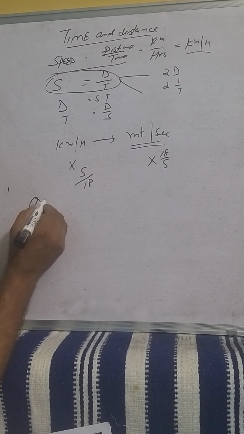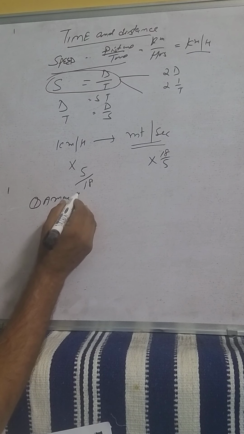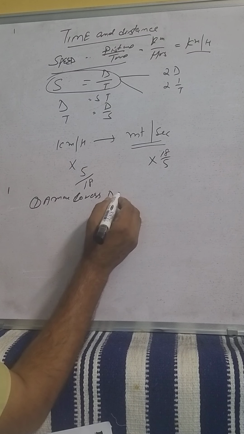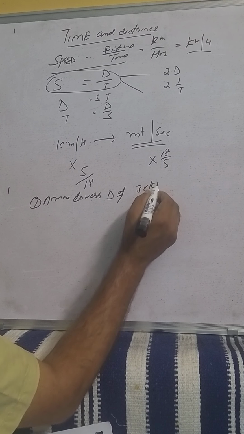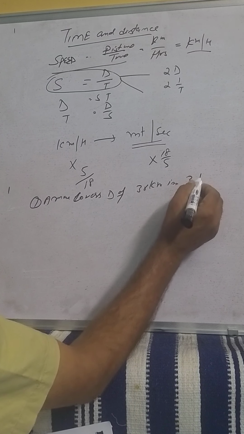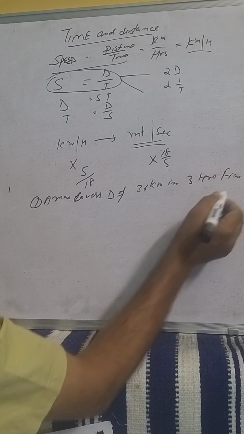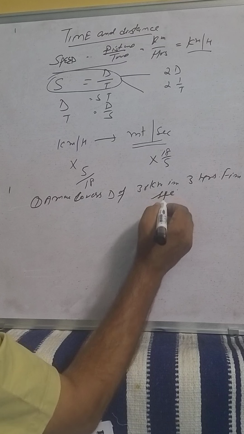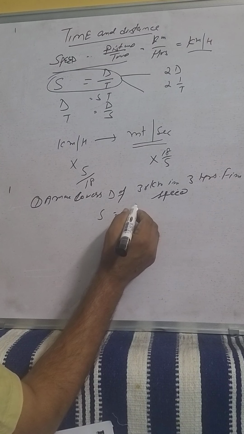For example, a man covers a distance of 36 kilometers in 3 hours. Find the speed of the man. What is speed? It is equal to distance over time.